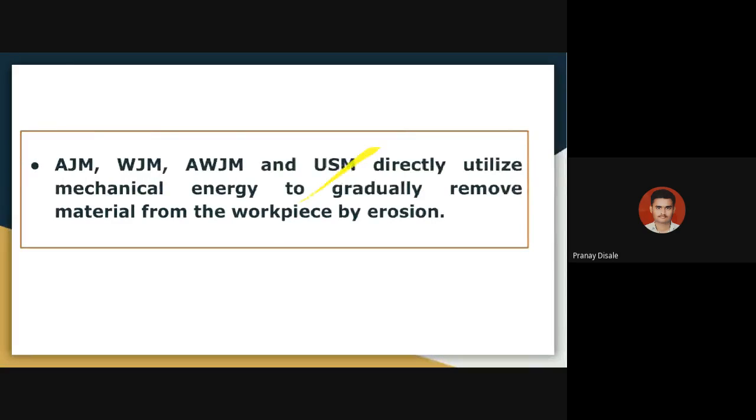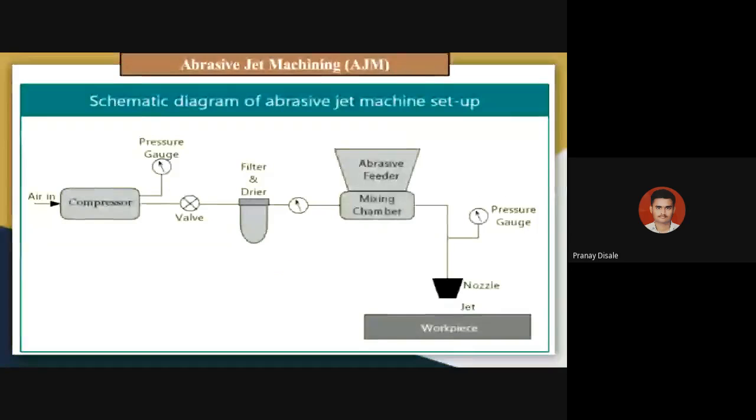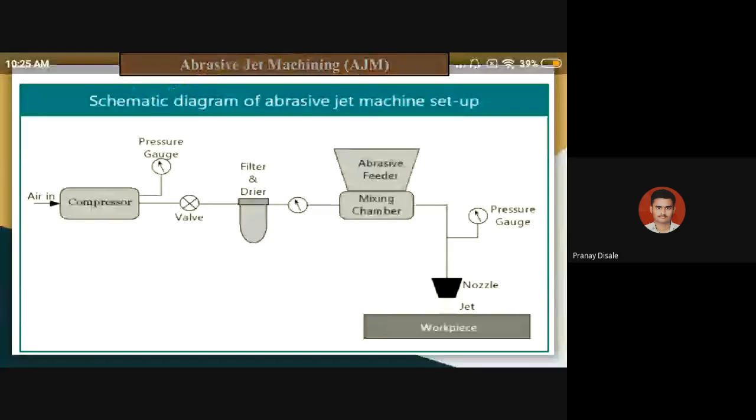Now if you talk about abrasive jet machining, here also I have shown the diagram of the abrasive jet machining setup. So in this abrasive jet machining, abrasive particles are first mixed with a compressed gas, correct? That may be the carrier gas, or it may be inert gas or air.